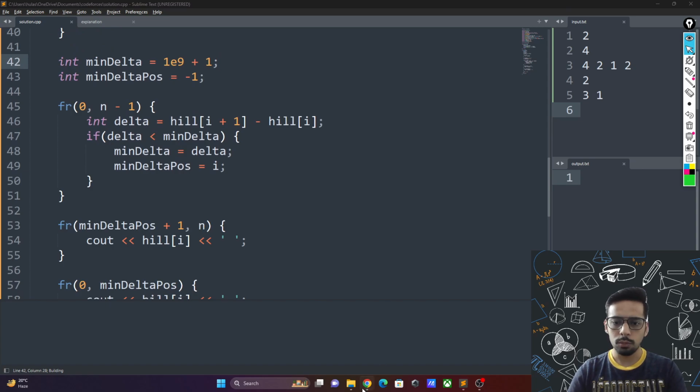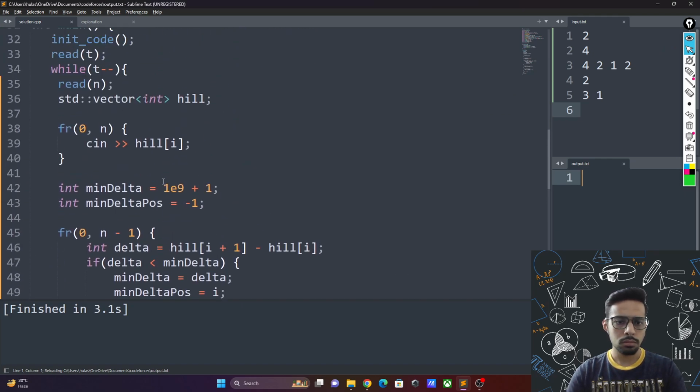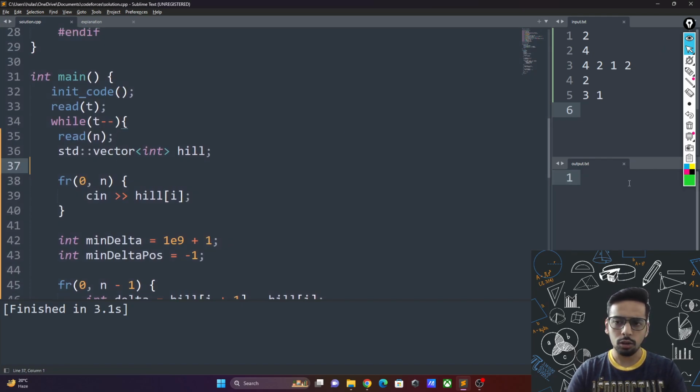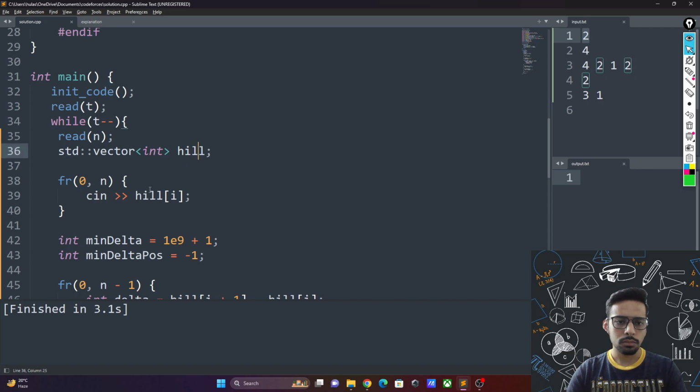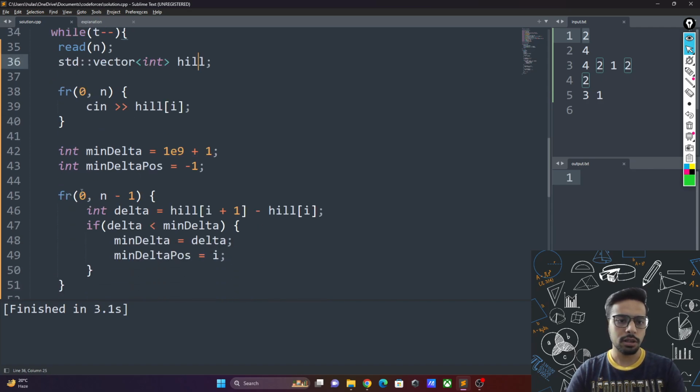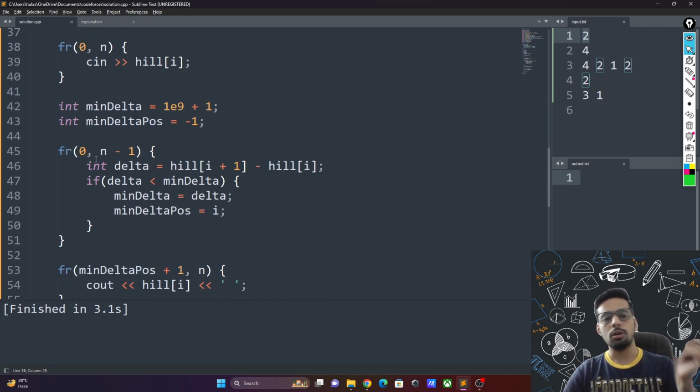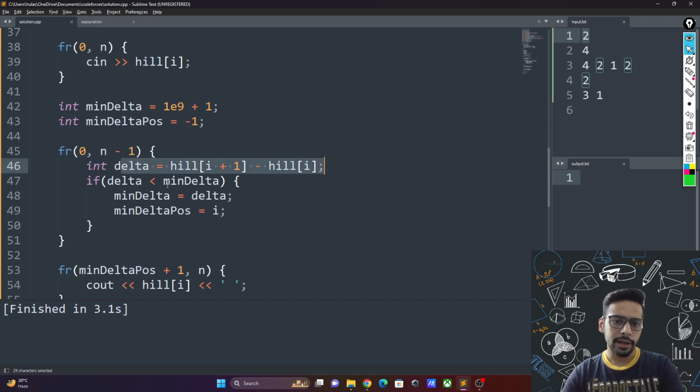So answer should be, wait, why did I not get any output here? T test cases, that's good. I input the array, then I go from 0 to n minus 1. Delta is fine, delta less than min delta.